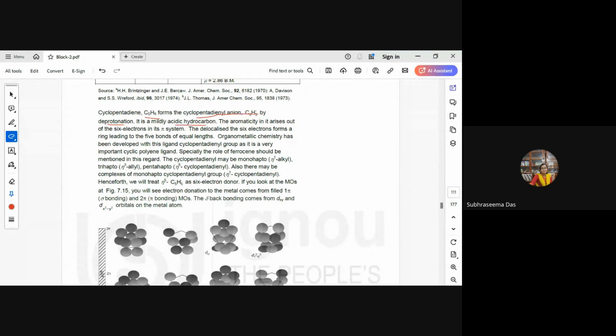The delocalized 6 electrons form a ring leading to 5 bonds of equal length. The cyclopentadienyl may be monohapto like eta1, trihapto, allyl, or pentahapto, which is called cyclopentadienyl. Also there are complexes of the monohapto cyclopentadienyl group. Mostly this cyclopentadienyl is treated as a 6 electron donor.